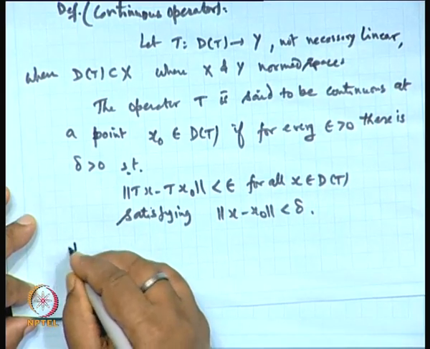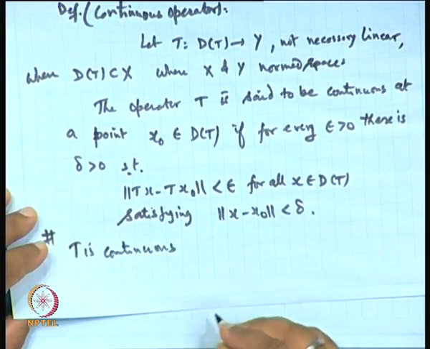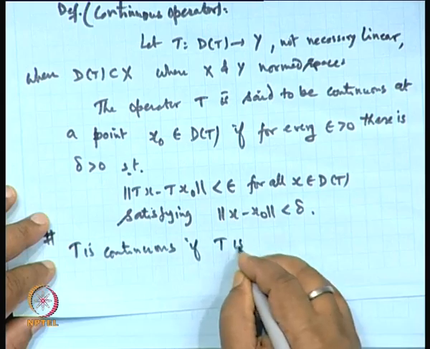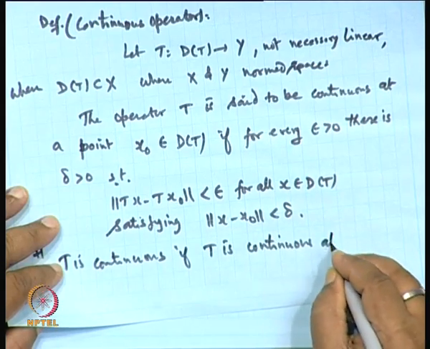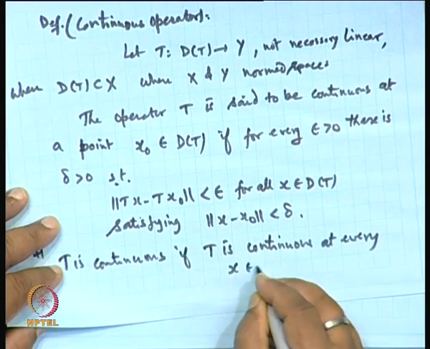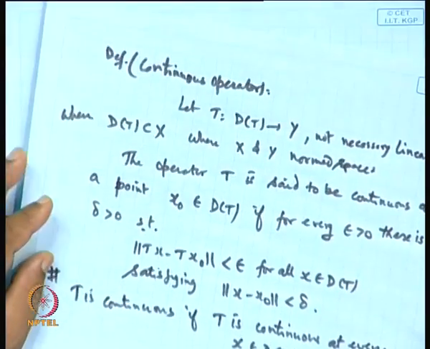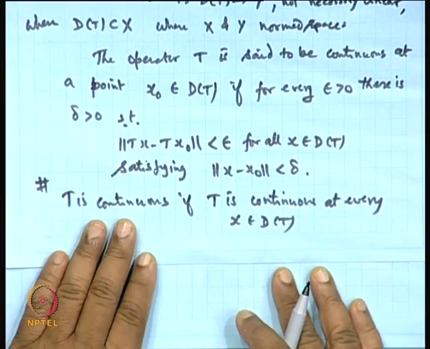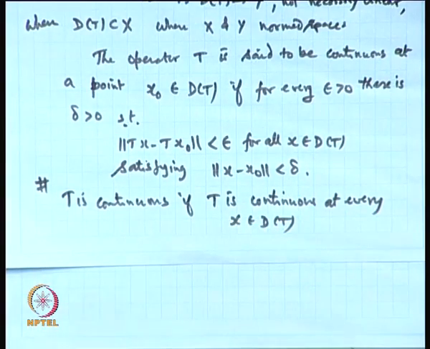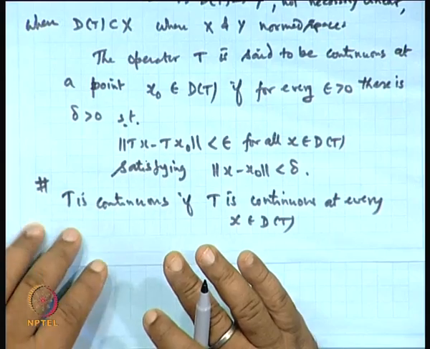So, we say T is continuous if T is continuous at every x belonging to domain D(T). Okay. Clear. So, now an operator being continuous, linear, and bounded, these three concepts we have introduced. What is the relation between these three concepts?